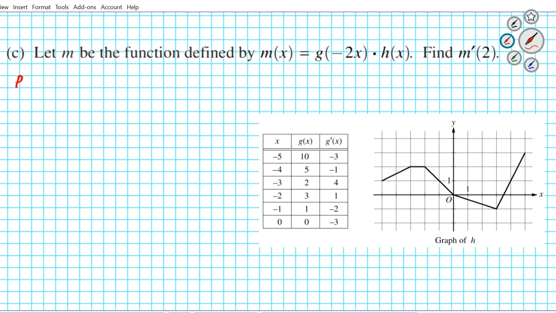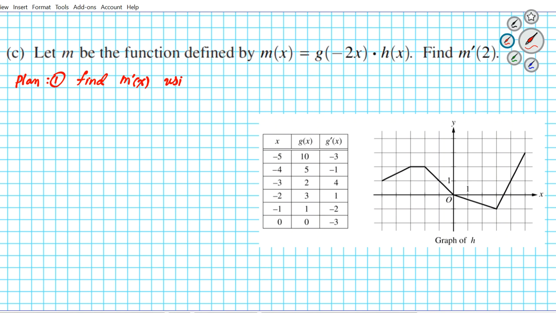So let's go ahead and outline our plan of attack for this problem. First things first, remember when you're looking for the slope of the tangent or the derivative at a point, you do your calculus step first and then pre-calc, algebra, everything else afterwards. So we're going to find m prime of x.